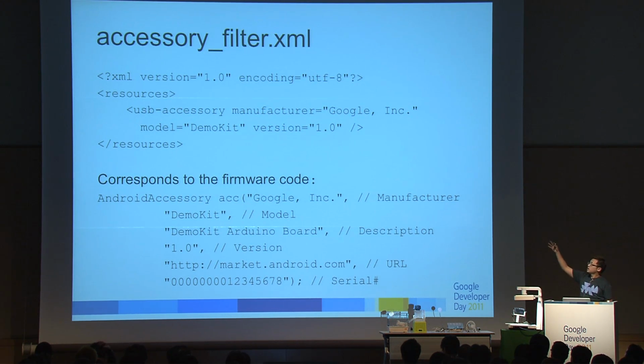In this case, it's supporting the demo kit from Google with version 1. And in your firmware code, this is the way you specify your hardware, to specify that this is a demo kit version 1 coming from Google. So that's how the two things map together.